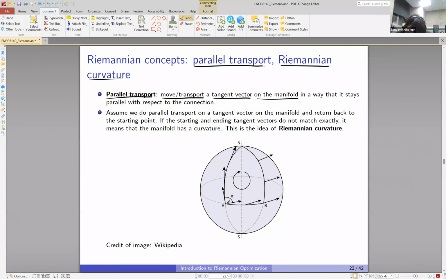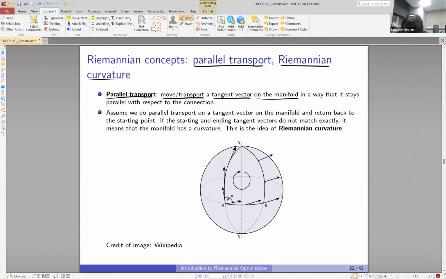For example, come from here, you have these tangent vectors. With respect to this curve, it remains parallel, as you see, and then it becomes like this, you come back to here. So there is some angle between this and this.